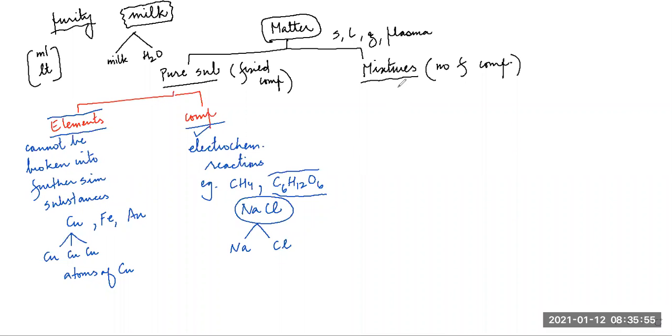Now, mixtures can be classified as homogeneous or heterogeneous. When we say homogeneous mixture, they have uniform composition.